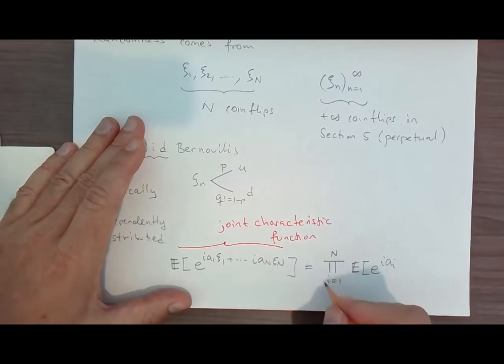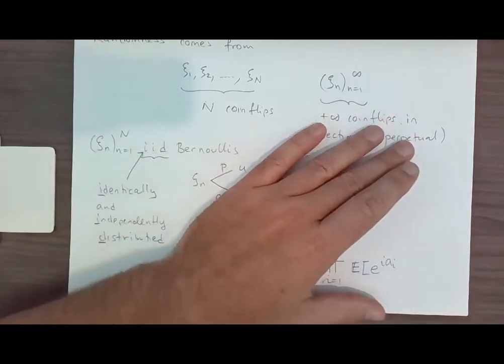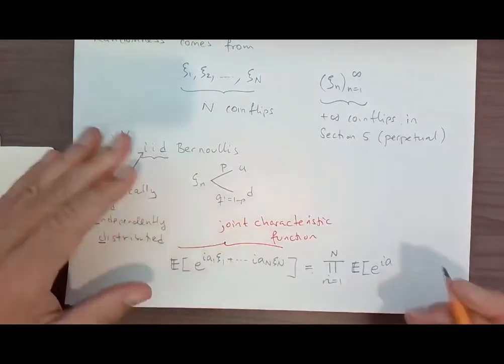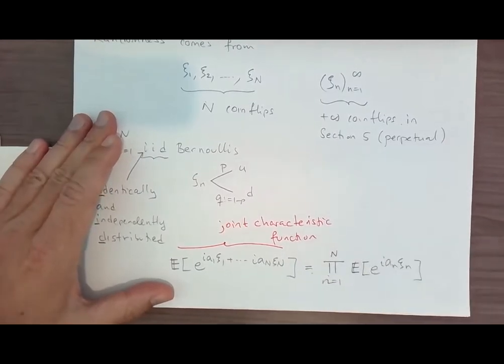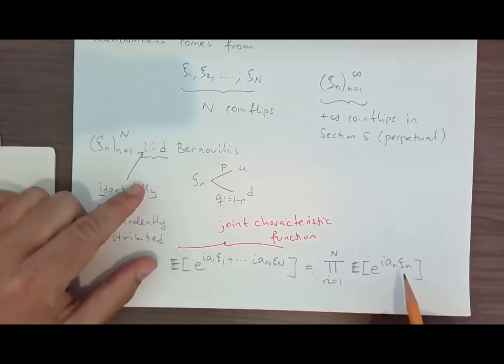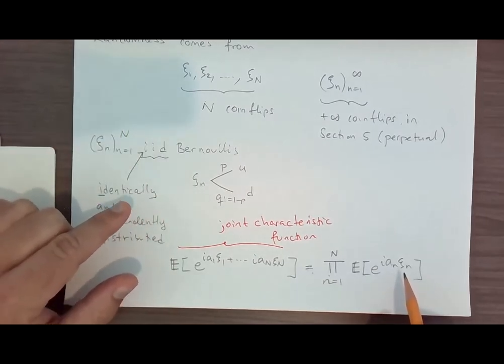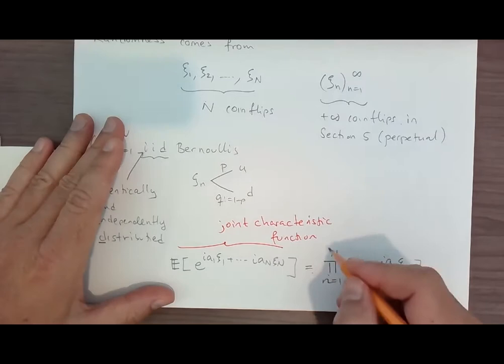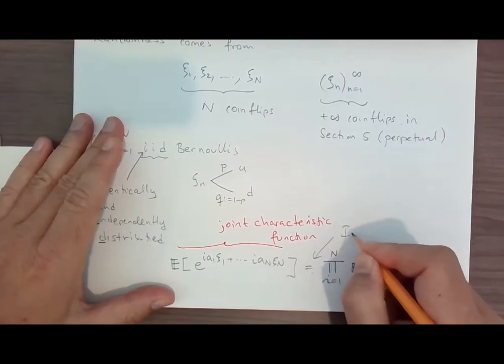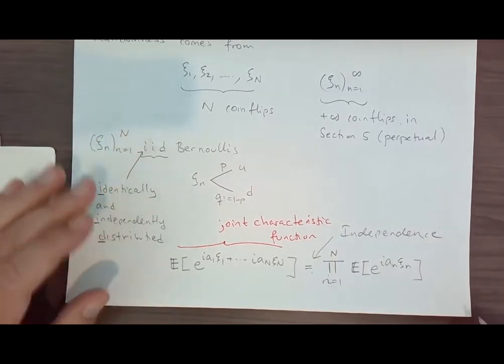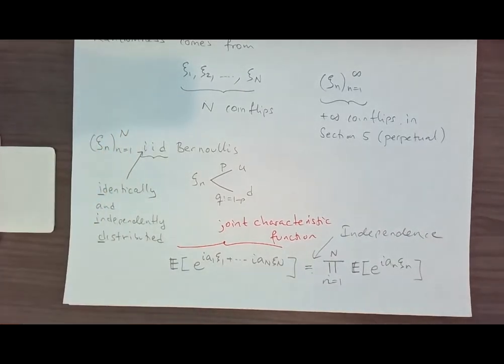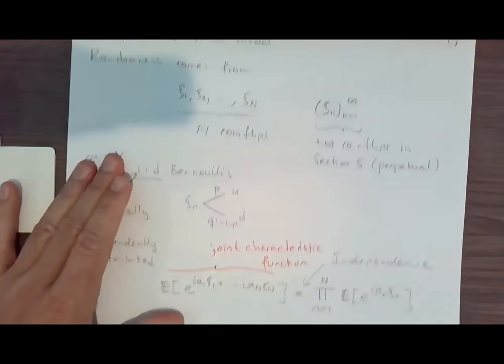Too many i's. And these are all the same because they have the identically distributed property. So when I'm talking about independence, this is what independence is about: the variables are independent if the joint characteristic function has this product structure.